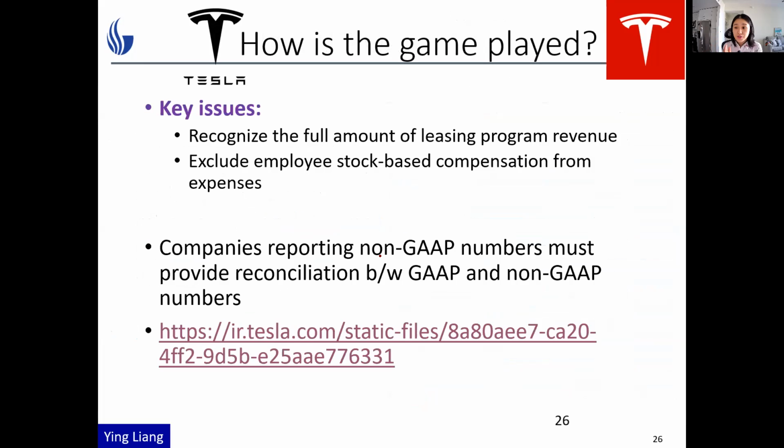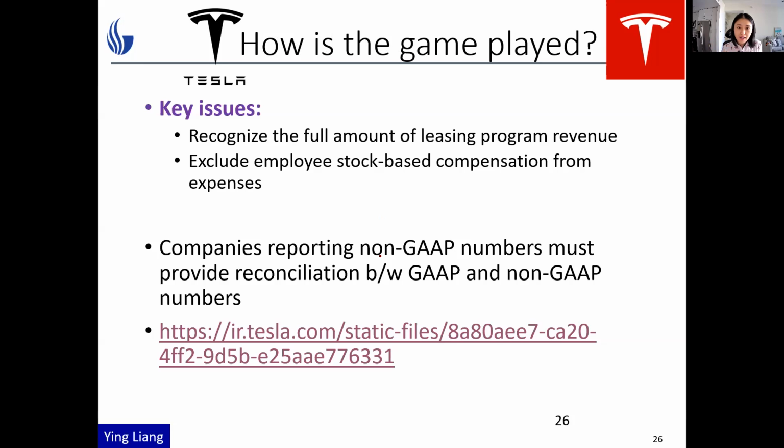The key issue here is that they recognize the full amount of leasing program revenue. Basically, if I lease a Tesla for 3 years, under GAAP you recognize revenue for each year only.